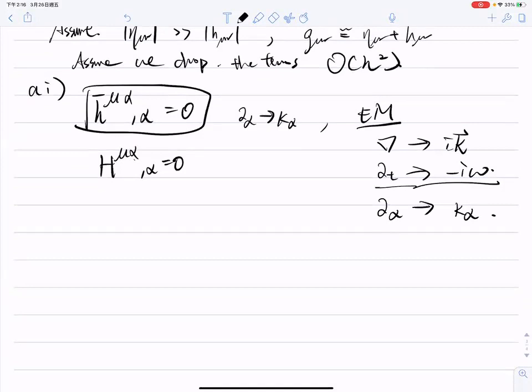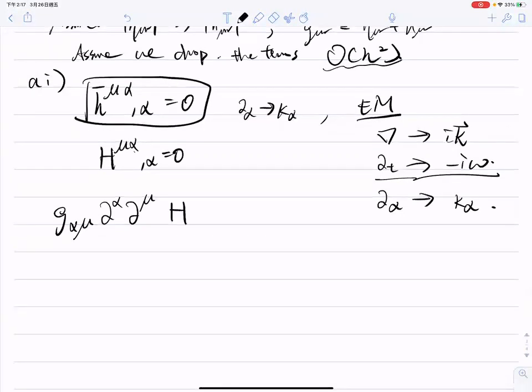We can just expand all of it. You may wonder why it is eta alpha mu instead of g alpha mu. Because we drop all the h squared terms, since we have to multiply by h bar alpha.